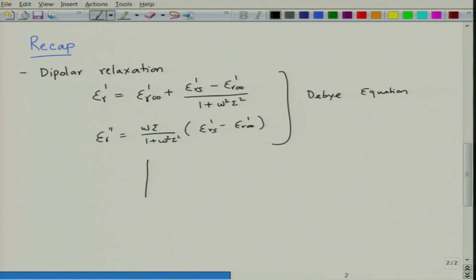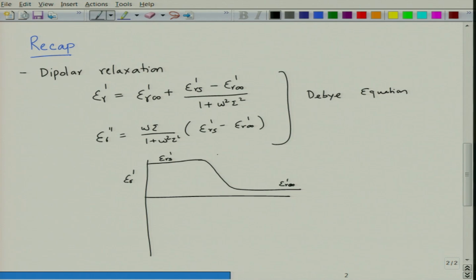and when you plot them together, then epsilon r prime goes from a value epsilon rs prime, undergoes a relaxation before it converges to epsilon r infinity prime, and this relaxation happens at a specific frequency.